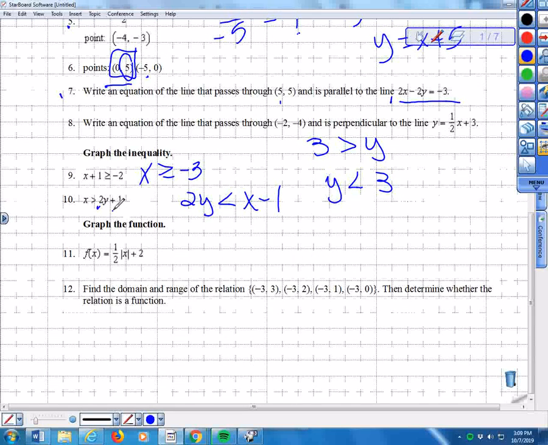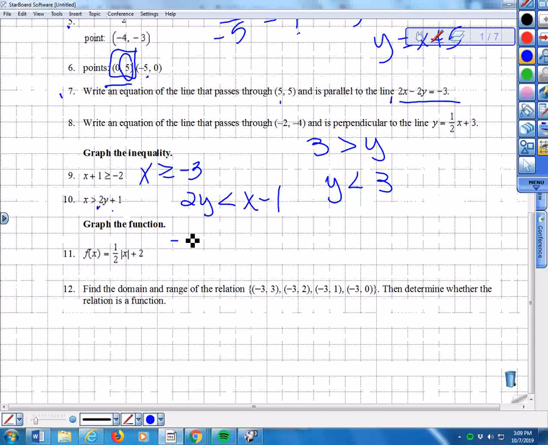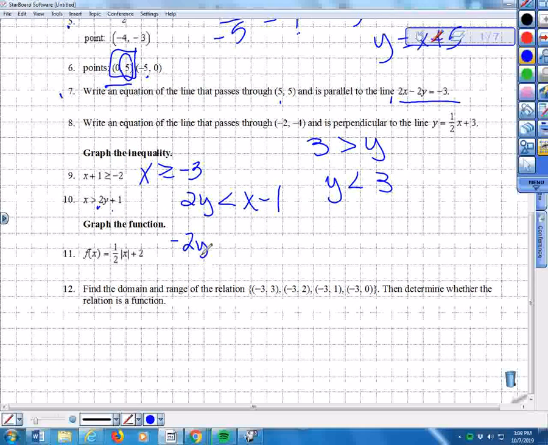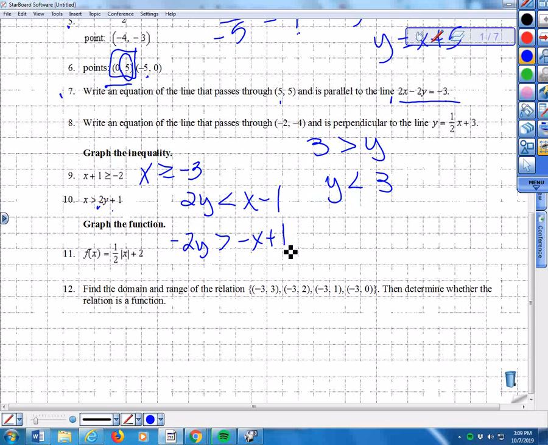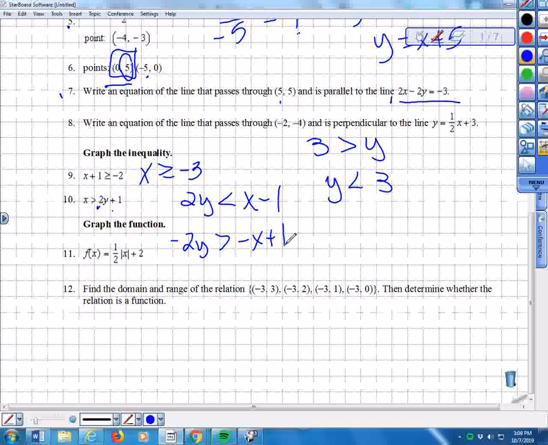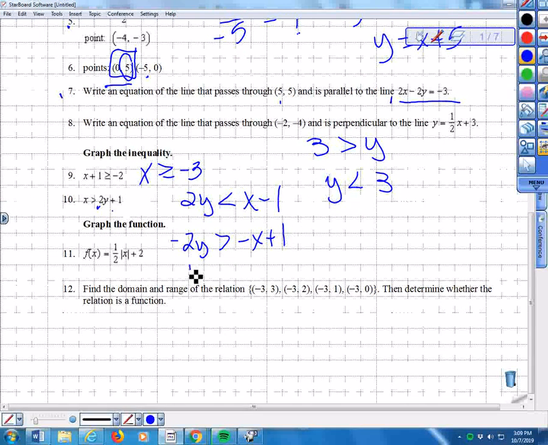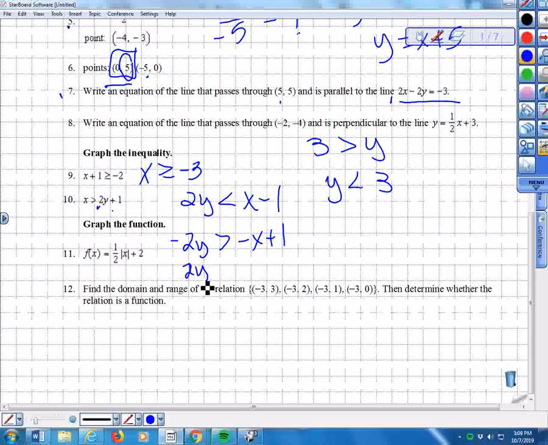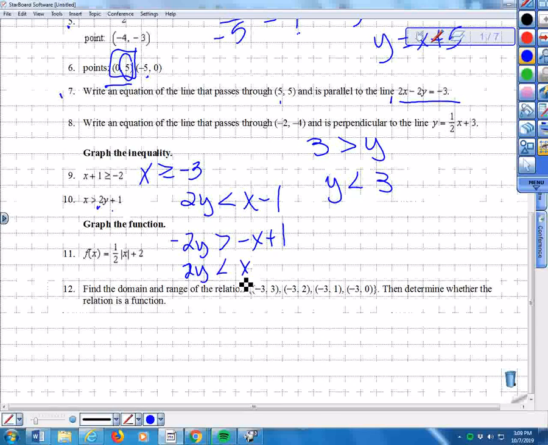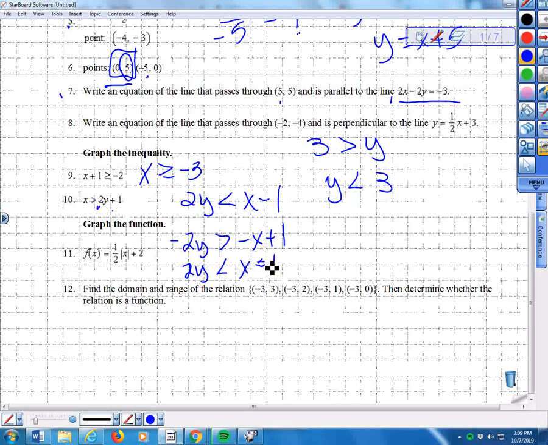Let's subtract the y over and get negative 2y, then subtract the x, is greater than negative x plus 1. Let's divide by negative 1 so I can match it with this one. If I divide everything by negative 1, I get 2y is less than x minus 1.